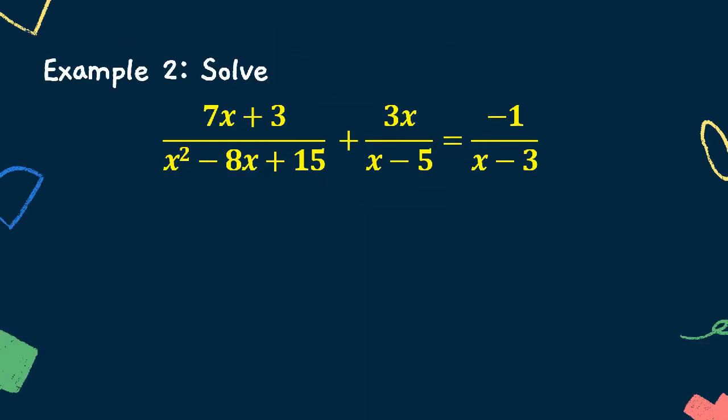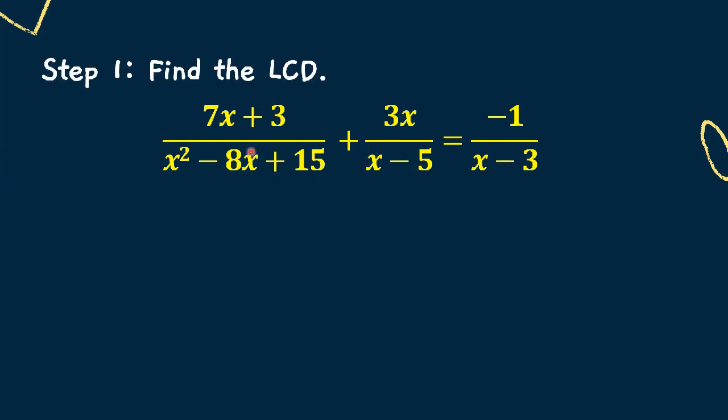Next, we have example number 2. We have here this equation. Now, we have to follow the rules again in solving a rational equation. First, we have to find the LCD. First, let us check if the denominators are already in simplest form. We have the denominators x squared minus 8x plus 15, x minus 5, and x minus 3.